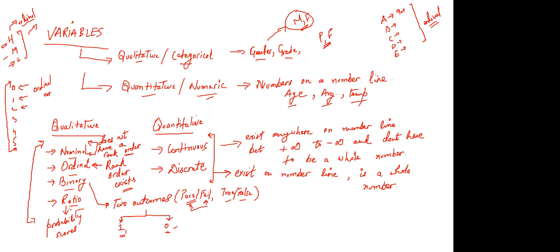Overall, the probability will remain 0.5 for heads, 0.5 for tails. It will sum up to 1. Hence, it can be expressed as a probability and hence it can be expressed as a ratio.